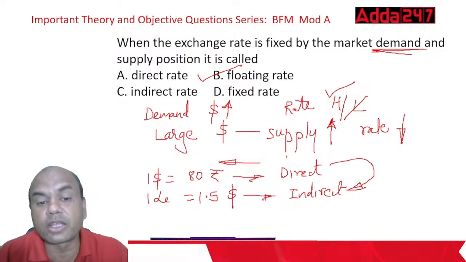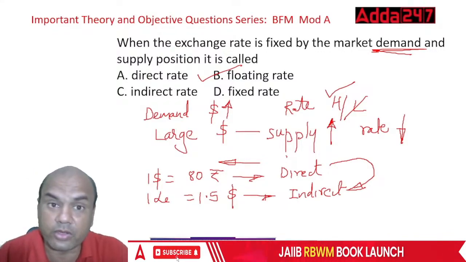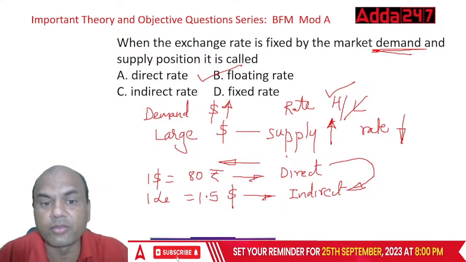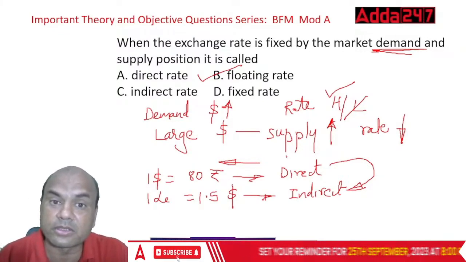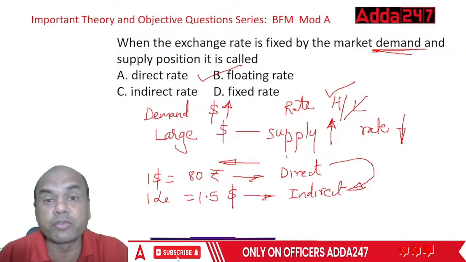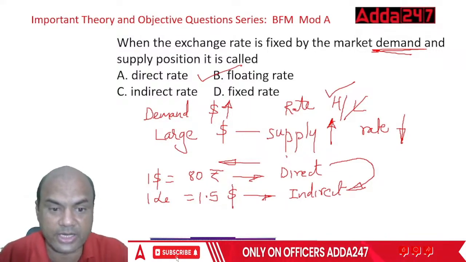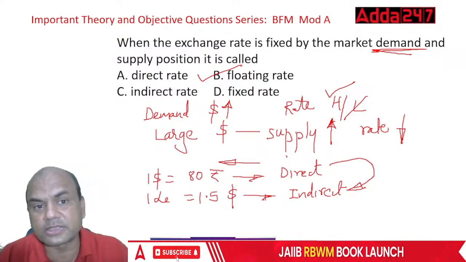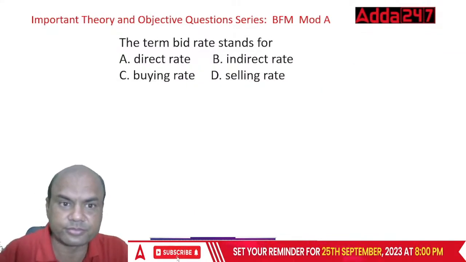We will be the governing power, because we are already planning to become the third largest economy. We are right now at fifth and moving towards third. When we move towards the third, these rates will change. So this is the concept of direct, indirect, floating and fixed.